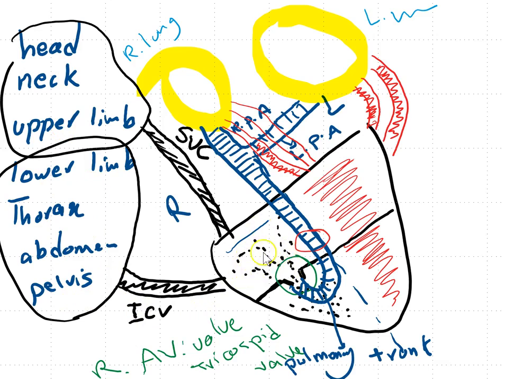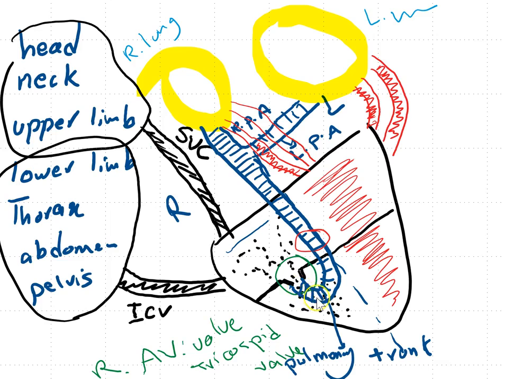The next step for this dirty blood is to go to the right ventricle. There is a valve between the right atrium and right ventricle that we call the right atrioventricular valve, or tricuspid valve. The dirty blood from the right atrium goes to the right ventricle by passing through the right atrioventricular valve.